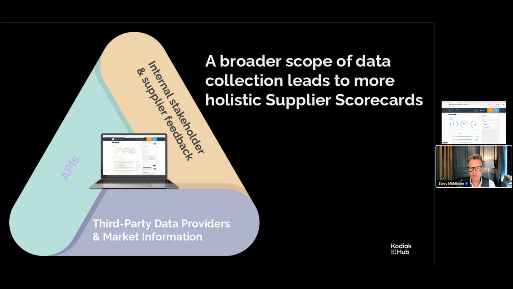Number 2, third-party data providers and market intelligence. And then number 3, APIs to existing business ecosystems, your ERP solutions, etc. We're not interested in reinventing the wheel here at Kodiak Hub. What we're interested in is providing our customers with a vehicle to source smarter.